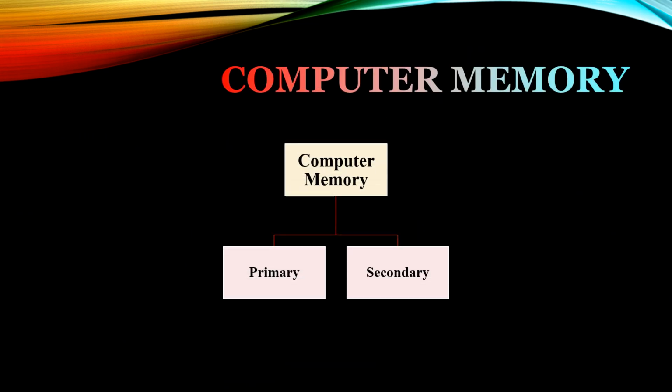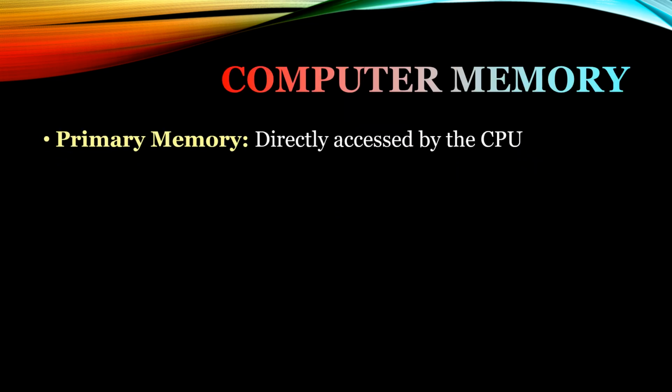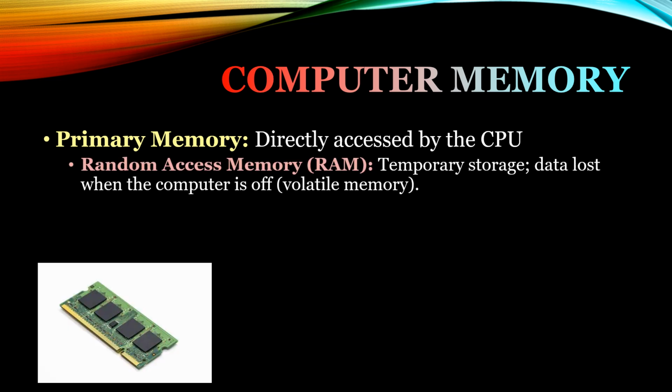Now we are going to talk about computer memory. Computer memory stores data and information. It is classified into two main types: primary memory and secondary memory. Primary memory is directly accessible by the CPU and includes RAM, ROM, and cache. RAM or random access memory temporarily stores data while the computer is on.